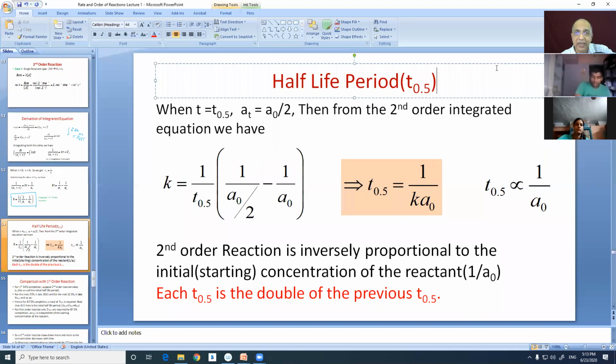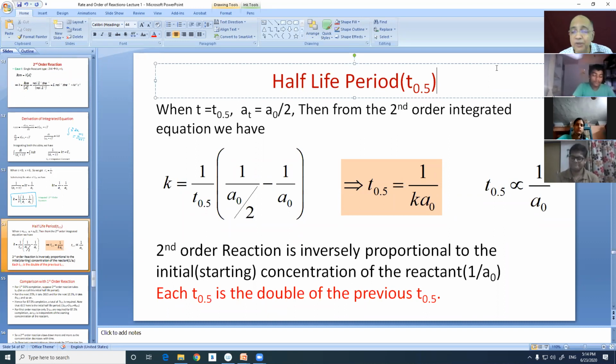And again, to become 87.5% over, 12.5% remaining, so 25%, 50% of 25%. Again, twice the previous half-life period. The previous half-life period was 2t.5 according to the initial half-life period. So 4 initial half-life periods will be required for converting 25 to 12.5.